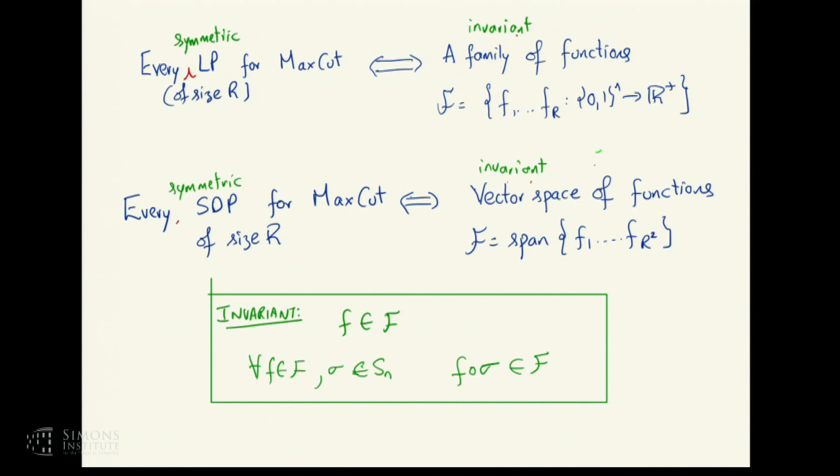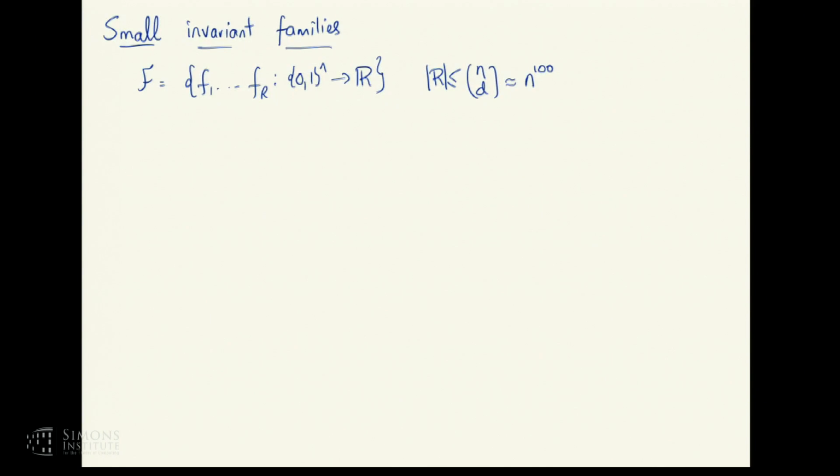This, as it turns out, is a very strong restriction on the family. So you could ask, when can an invariant family be small? We're interested in small linear programs or small extended formulations. When can a symmetric extended formulation be small? Meaning, when can an invariant family be small?